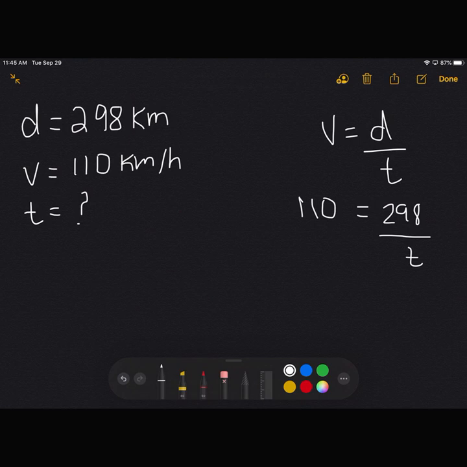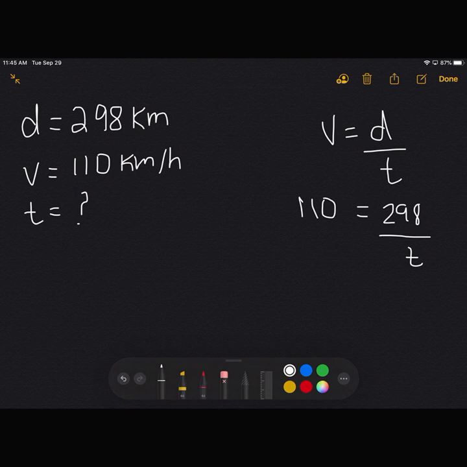So all we've done is we took the formula, plugged in the pieces we know, and then we've got to solve for the one we don't know. We don't know what T is. So how do we figure that out? So we gotta cancel, like Kai said, we always cancel.